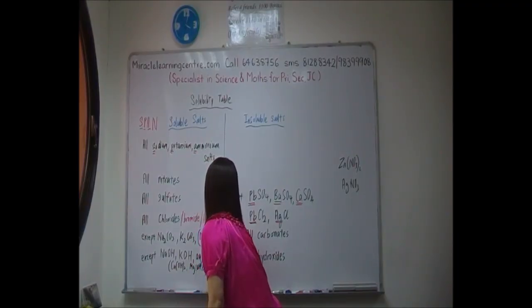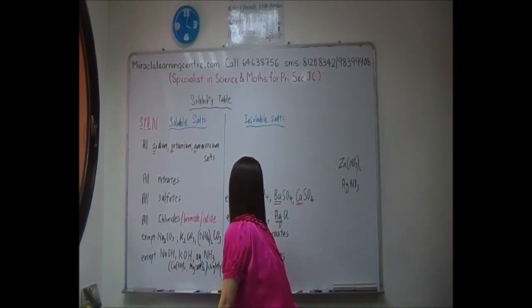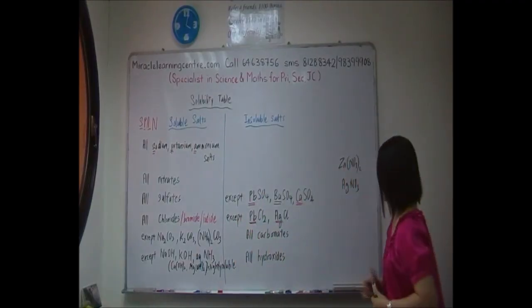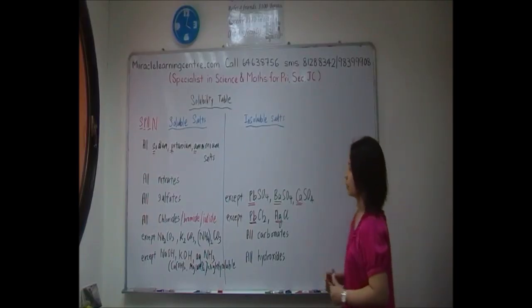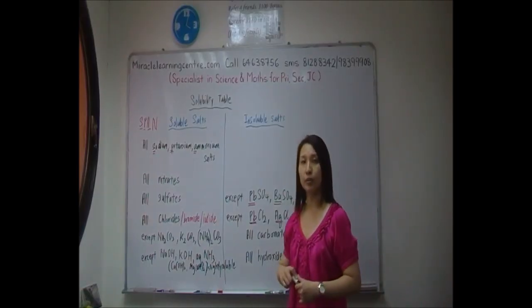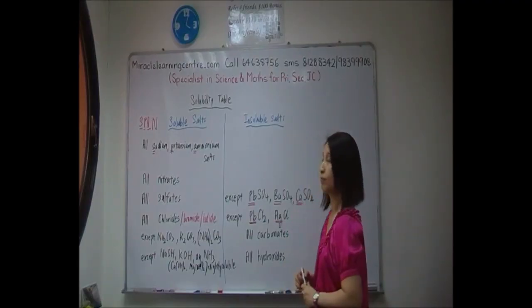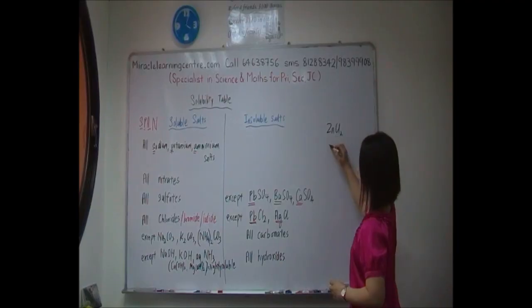They are slightly soluble. Okay, group 2 hydroxides are slightly soluble. This table is very important because you need it for separation techniques as well as preparation of salts. You need to remember it very well.